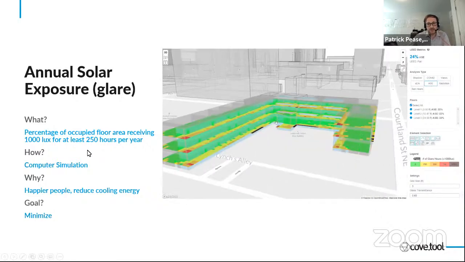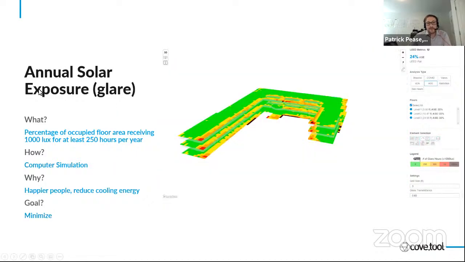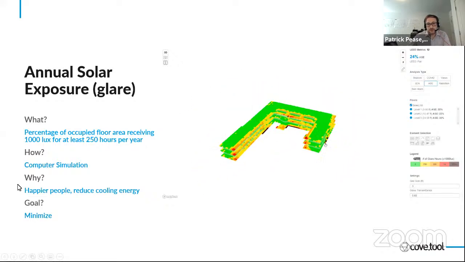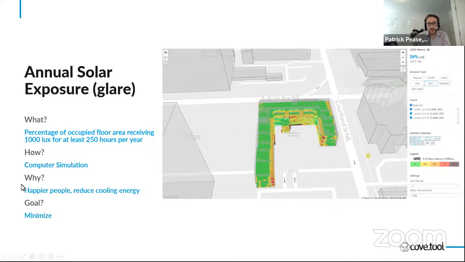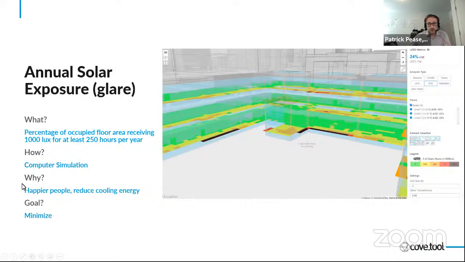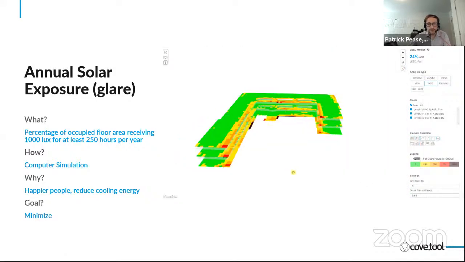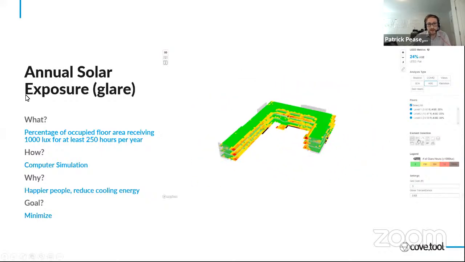If you were in that space and had sunglasses, you would put your sunglasses on. So we do this by, again, computer simulation. We're doing it to make people happier, and also it is attached to reducing cooling energy, because if we are reducing solar gain, which would be equated to glare as well, we're going to reduce the cooling energy as well. So minimizing our ASE is important.